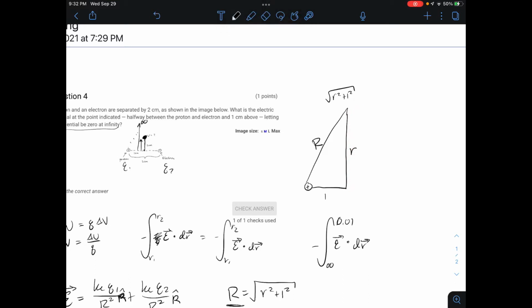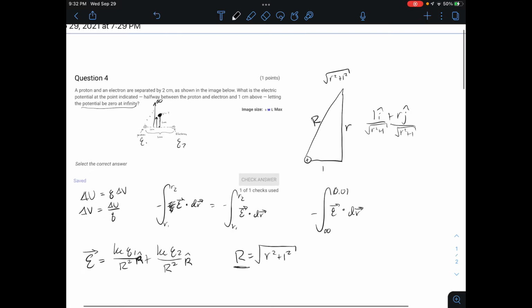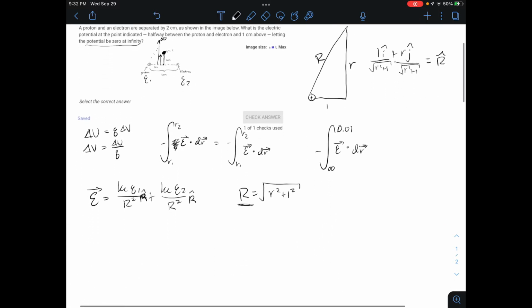So that's going to be 1 i plus R j. Both of these are hats, right? But we have to divide by the magnitude of the vector, because we're trying to make the unit vector. We're dividing by this magnitude R, which we said was the square root of r squared plus 1, so it's 1 i plus r j over the square root of r squared plus 1. So this is going to be our R hat vector here.